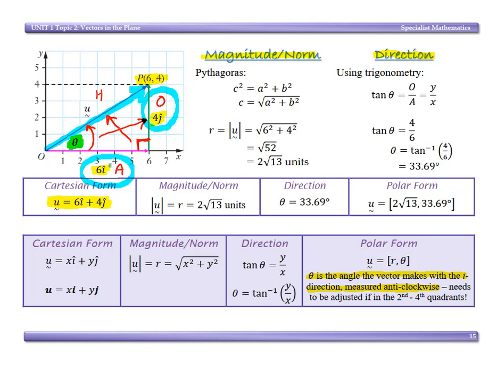In regards to the magnitude, we can use Pythagoras, which is c squared equals a squared plus b squared, or c equals the square root of a squared plus b squared.